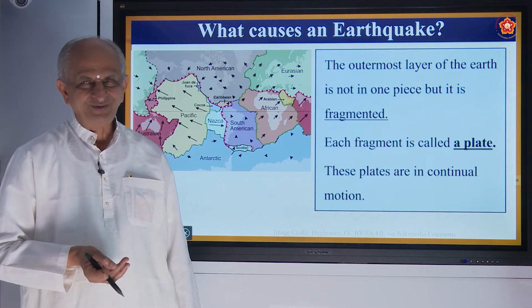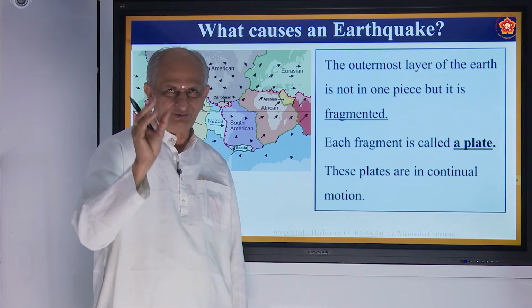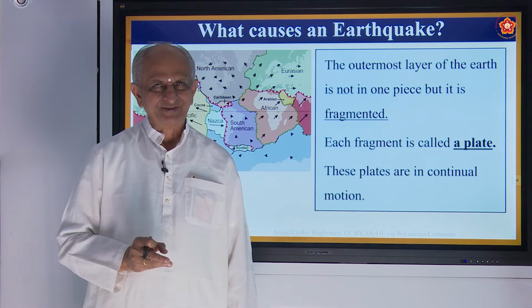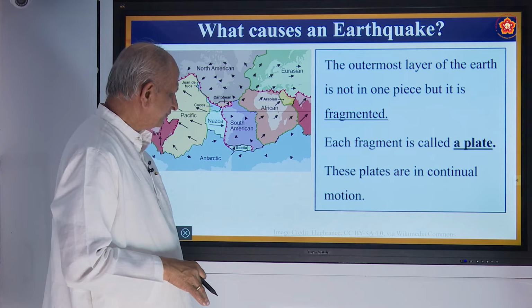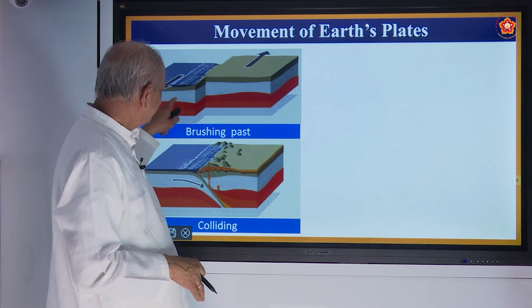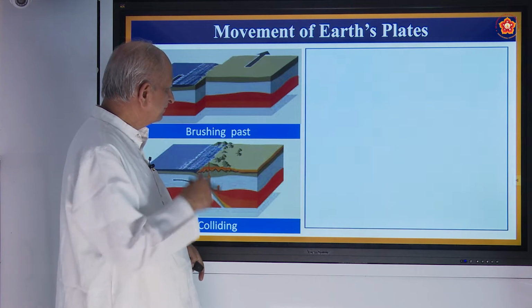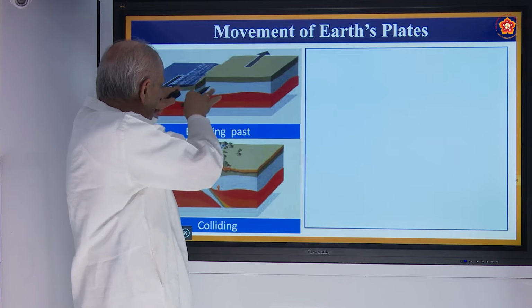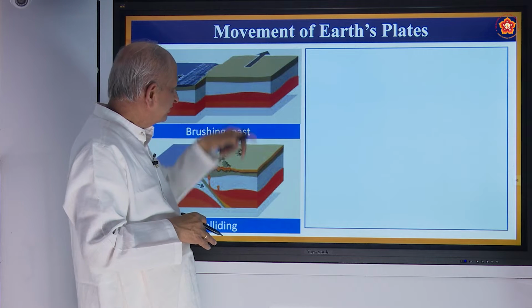After vomiting, you take some ORS or lemon juice, very good. That will help you recover, and ORS will give you some strength also. So also here you find some plates. The earth's plates may move like this: one in this direction, the other in the opposite direction.